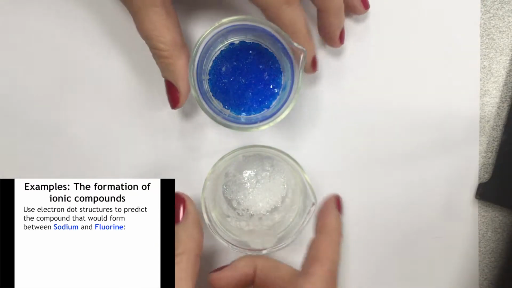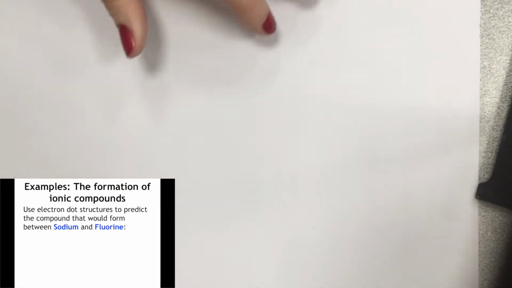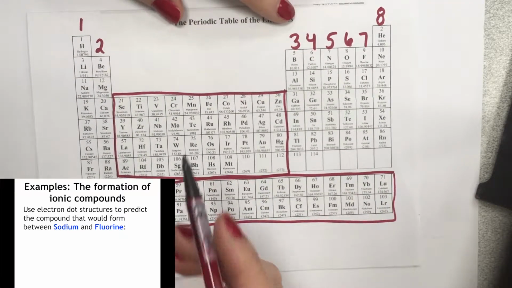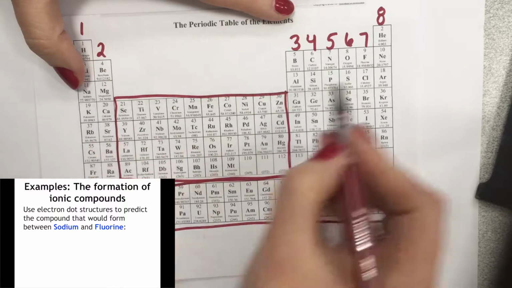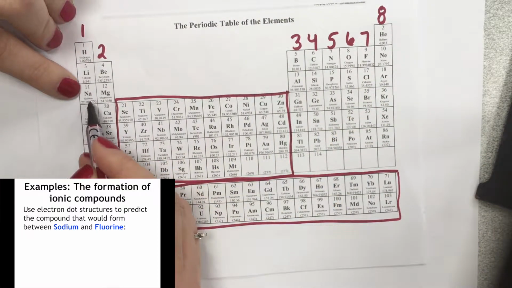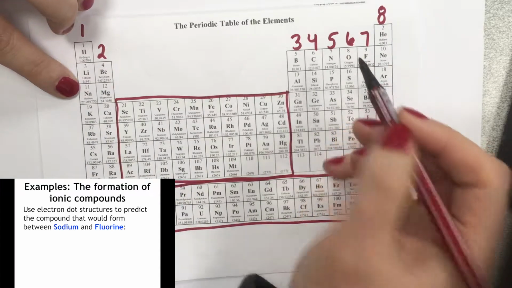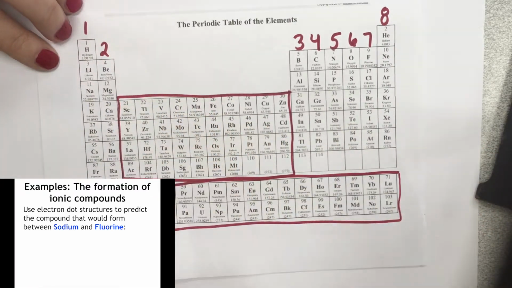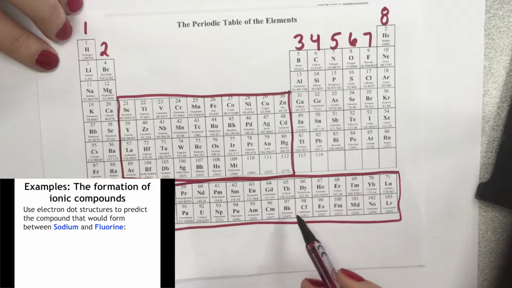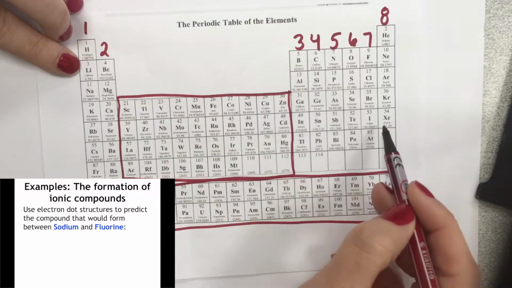Okay, so let's do an example of how these things bond together. So sodium is here and fluorine is here. This is our metal and this is our non-metal. And remember the trend we learned about last lesson? We're going to ignore the D and F block today and only deal with the S and P block.